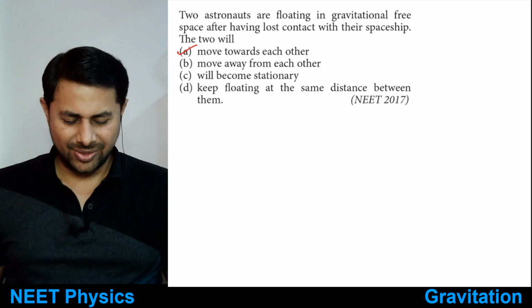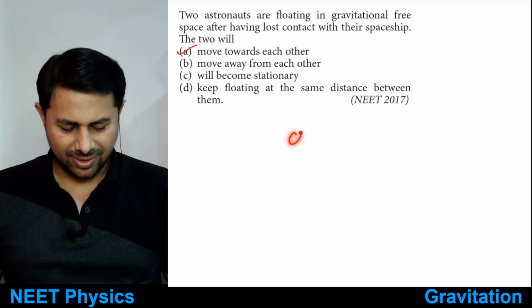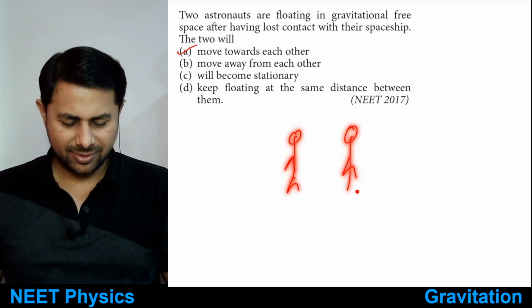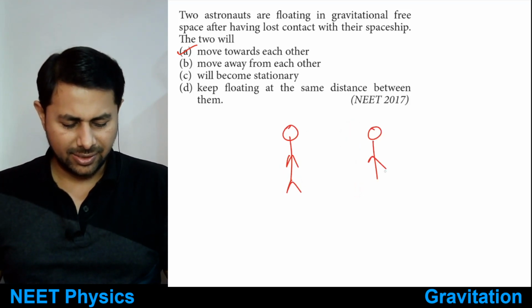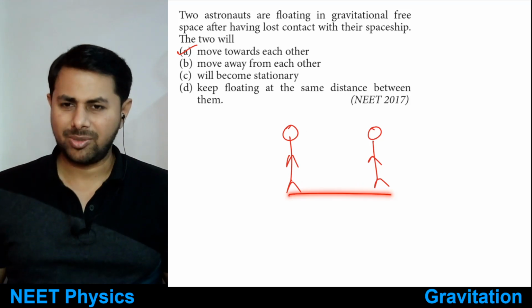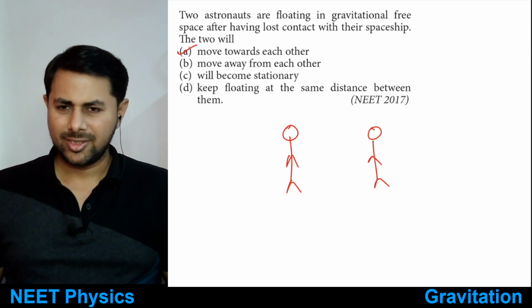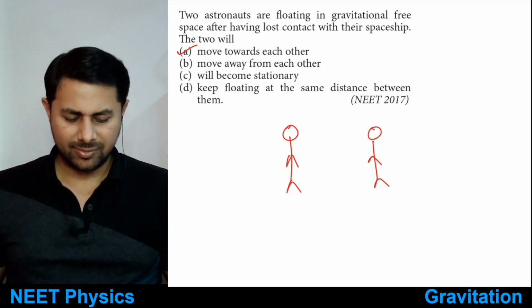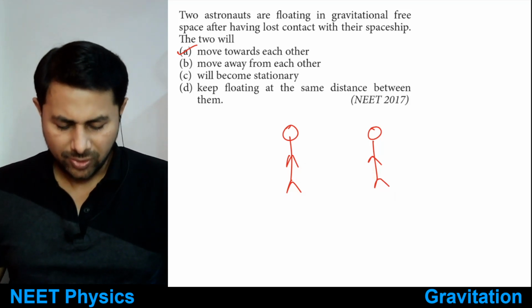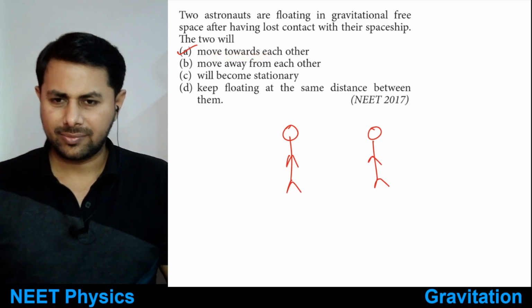Still these are two bodies, and there will be gravitational attraction between them. So the distance between them will decrease over time. So option A is correct.